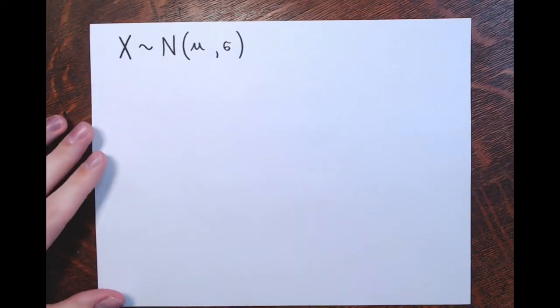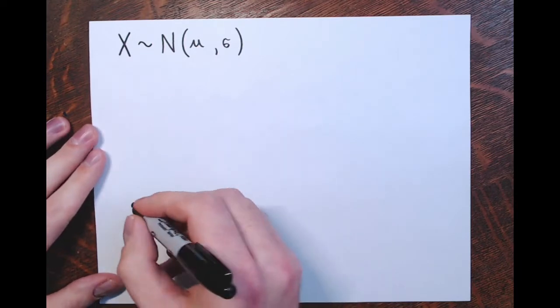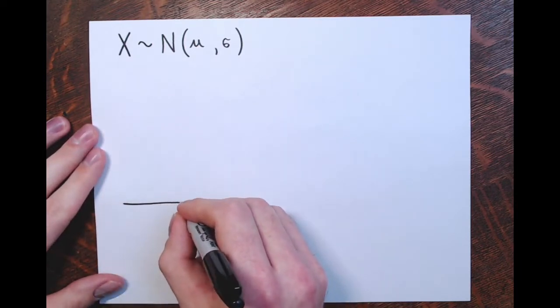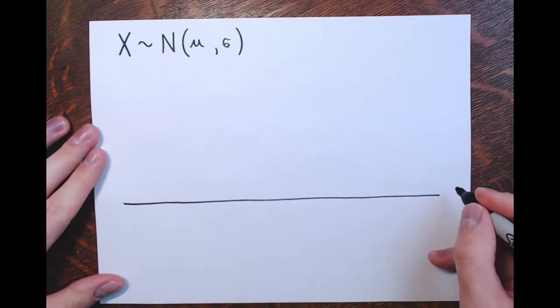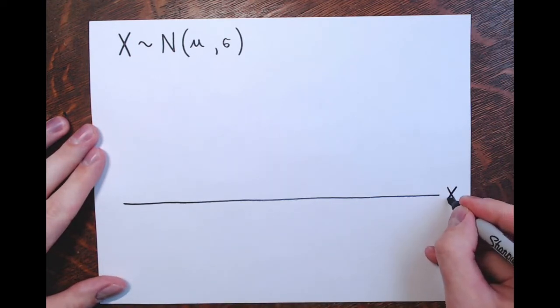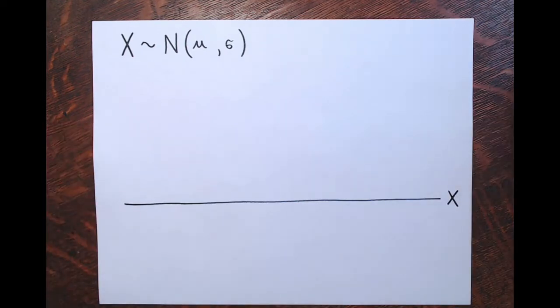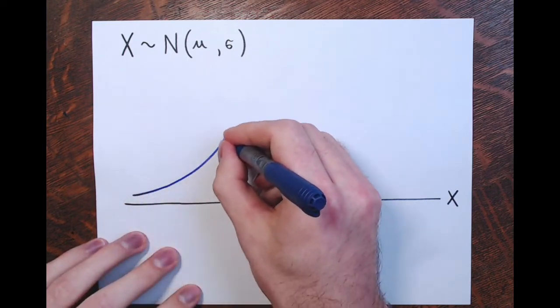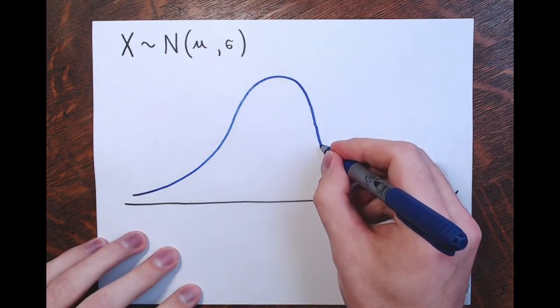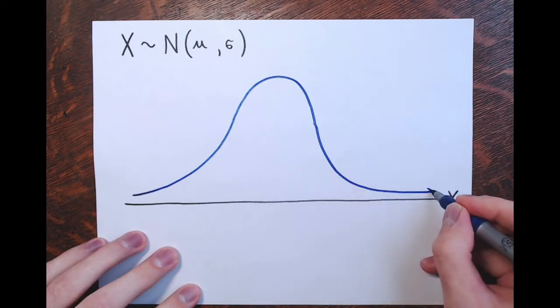Then the probability density curve for a normally distributed random variable looks like this. So I have a number line representing possible values of capital X, and above that a symmetrical bell-shaped curve. Now again, I'm going to try my best to keep this looking pretty even.